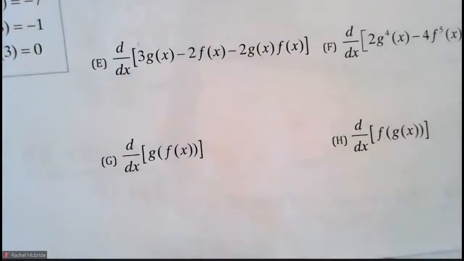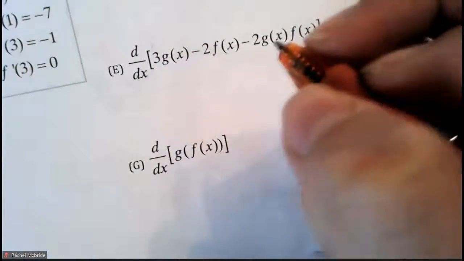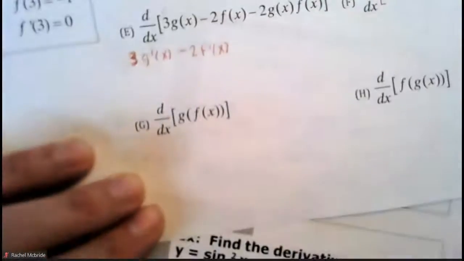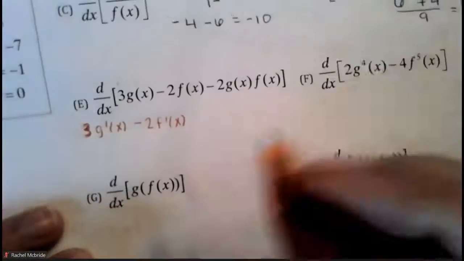Okay, letter E. So letter E is different now. Now you have to take the derivative. So again, that's like a constant. So it's 3 g prime of x minus 2 f prime of x. Now the second part is a product rule.